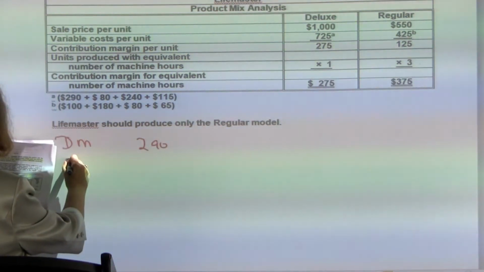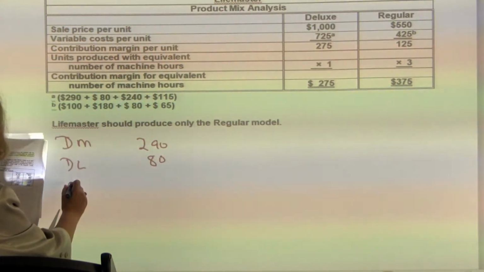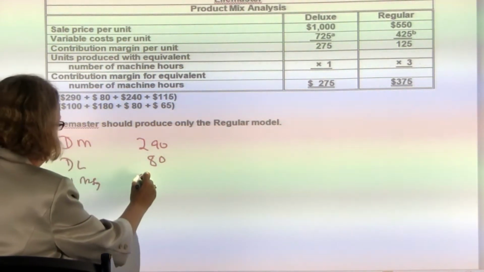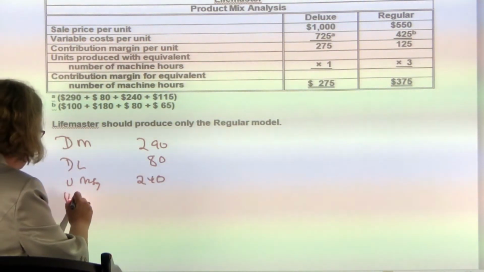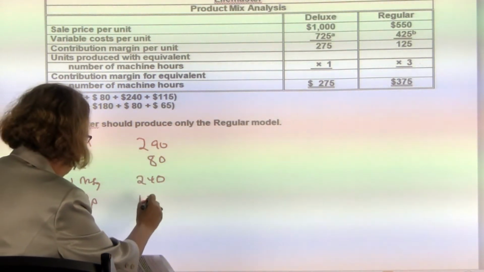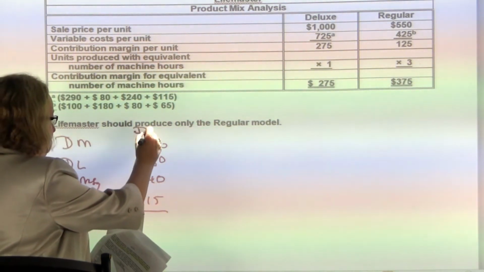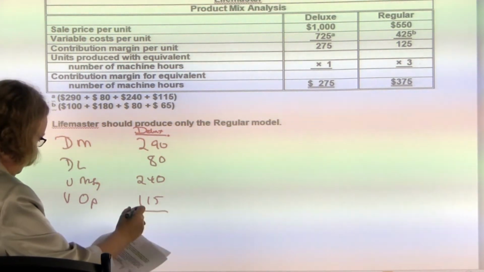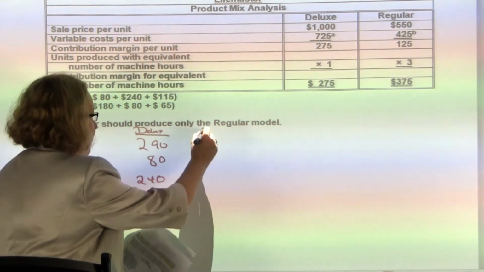You have your direct labor of $80, your variable manufacturing of $240, your variable operating of $115. So for your deluxe model, that comes out to be $725.